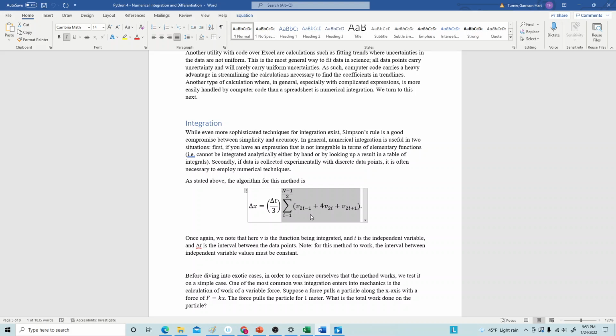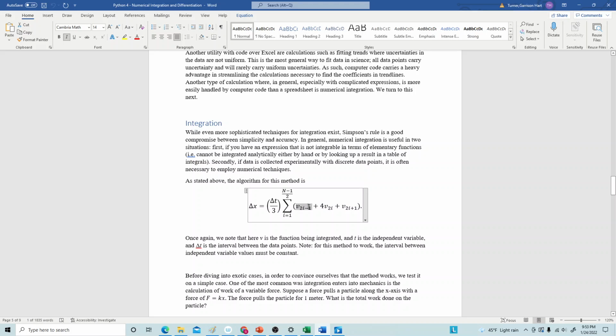You don't run this over your entire data set, right? You're not going to calculate n unique values for x and then sum them up. You're actually going to calculate n minus 1 over 2 unique values for x, and then you sum those up. And then you multiply the sum by your delta t increment, or the distance between each t value, divided by 3.